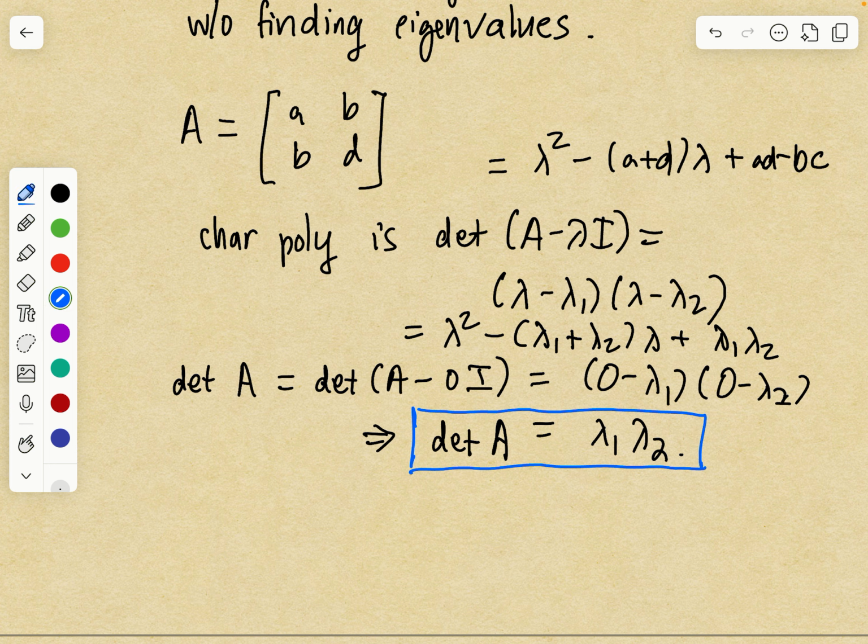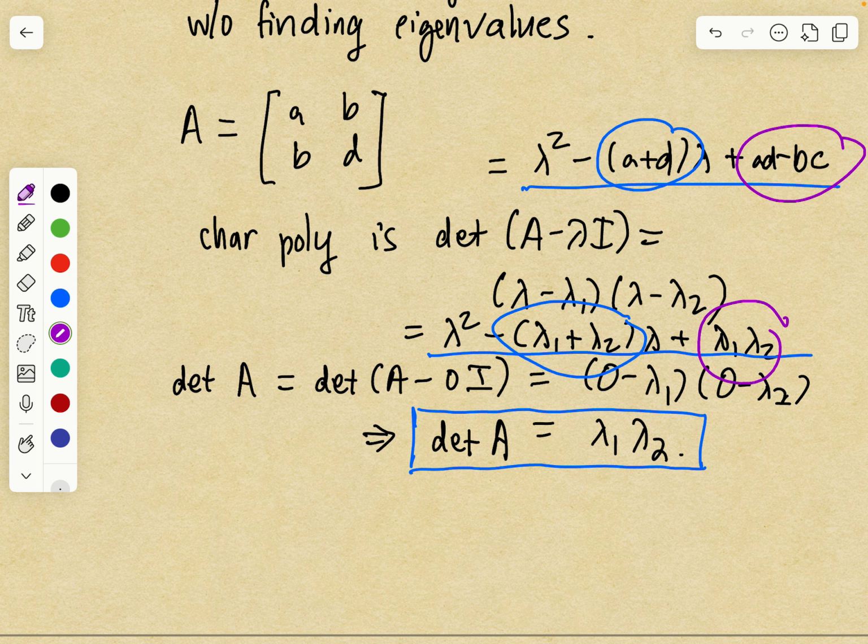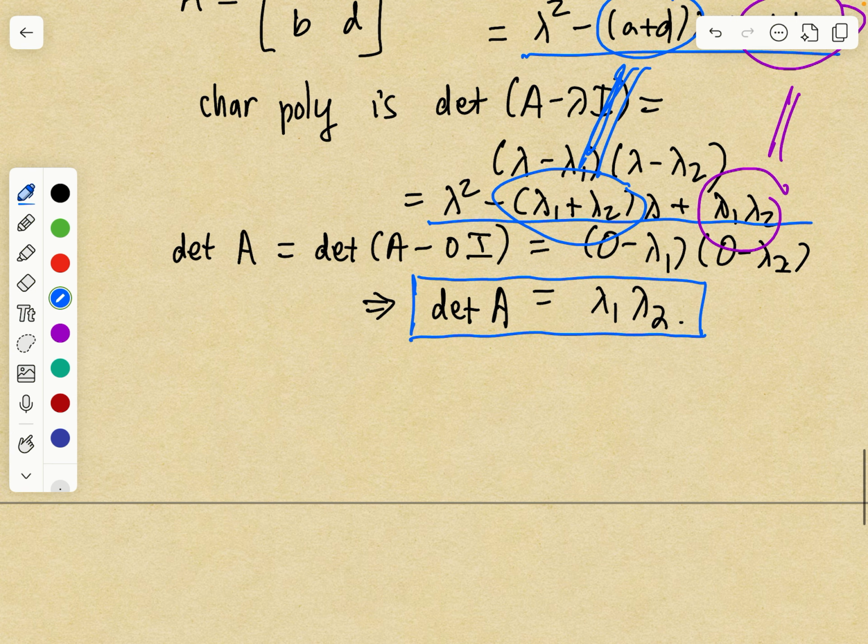So if you take these polynomials, they're the same. If you match the coefficients together, actually this is another way to see that lambda 1 lambda 2 equals AD minus BC. But in addition, you see that A plus D is equal to lambda 1 plus lambda 2.